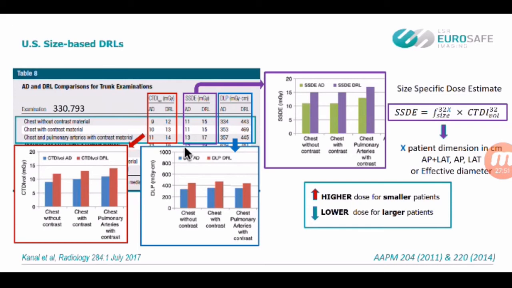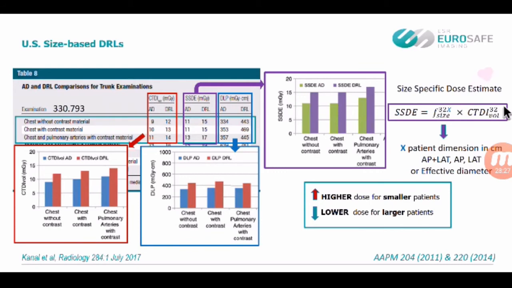But the very interesting thing in this study is that they show us also another descriptor, the size-specific dose estimate. This was introduced by the AAPM and was initially thought only for pediatric patients, but SSDE is important also in adults because it takes into account the real dimension of the patients, taken from the scout, and defines correction factors to be applied to the CTDIvol in order to obtain more realistic doses.